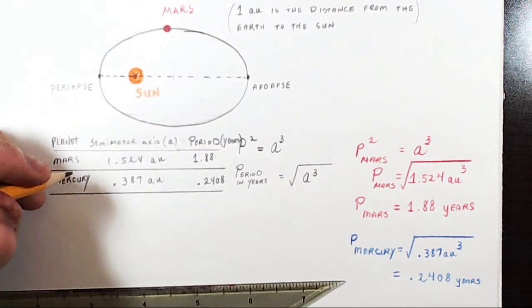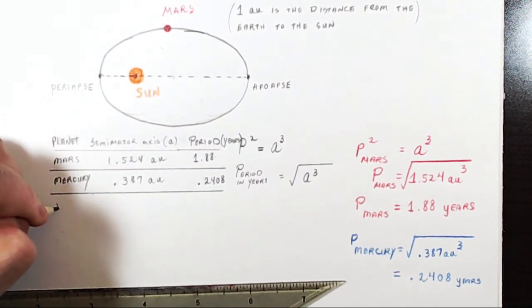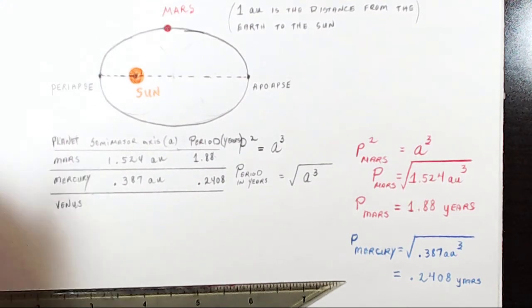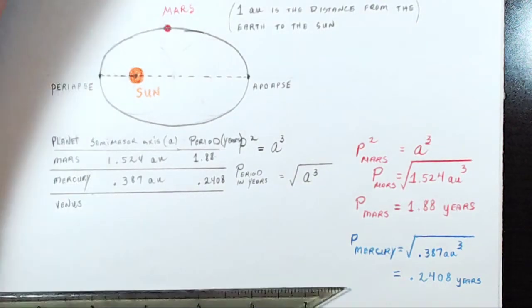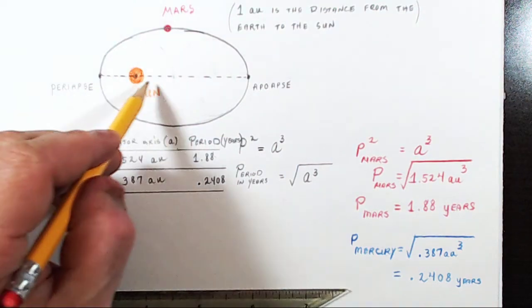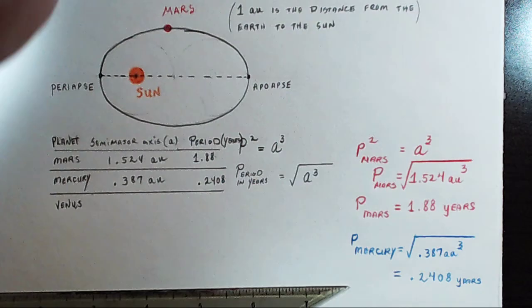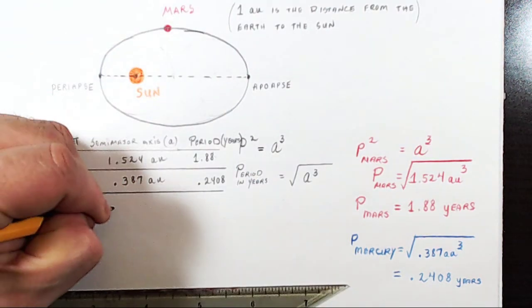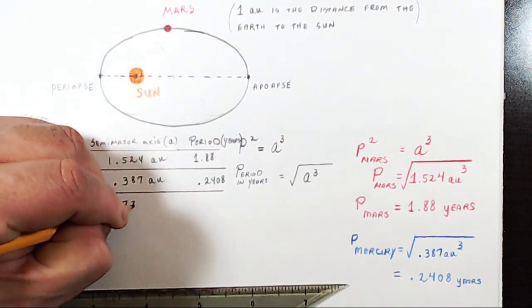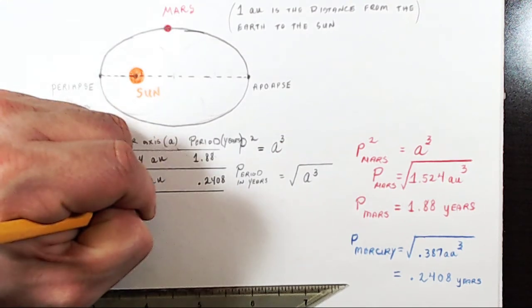We'll now do Venus. Venus has a semi-major axis of 0.723 astronomical units.